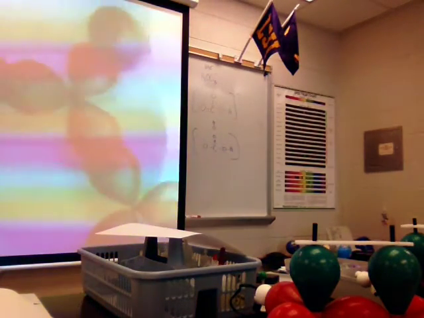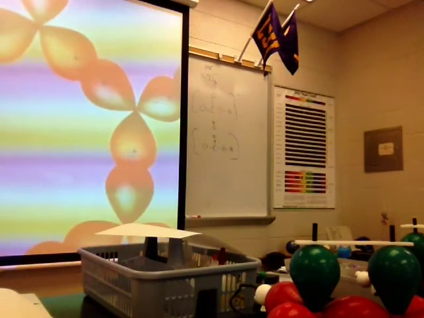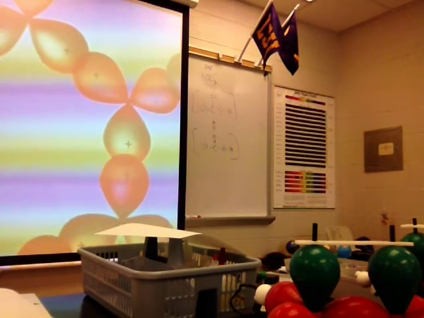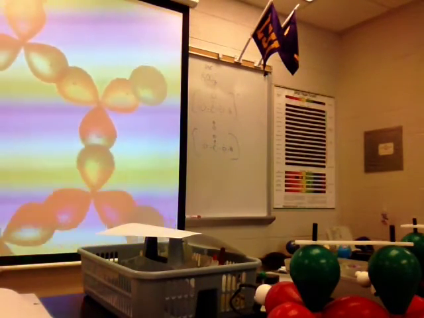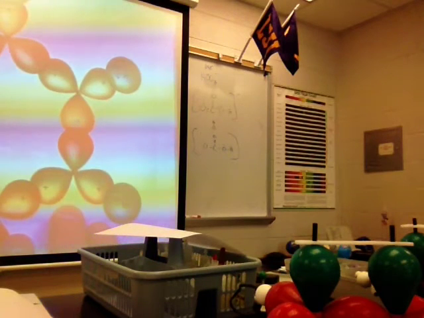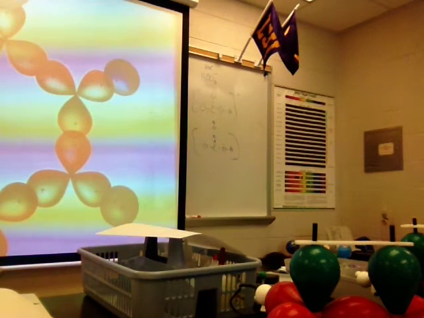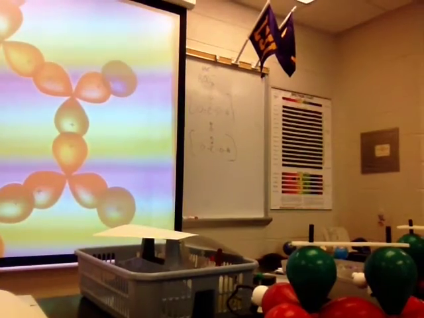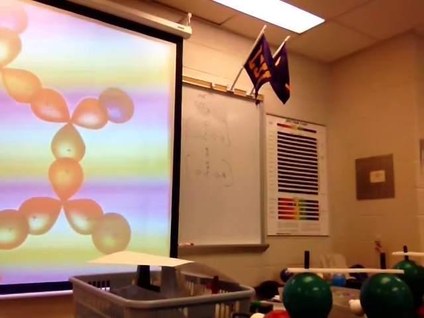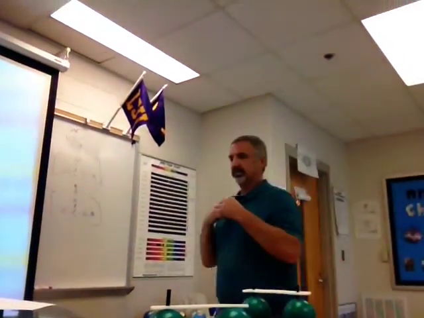So if we look at the carbon atom, here's your hexagon ring.